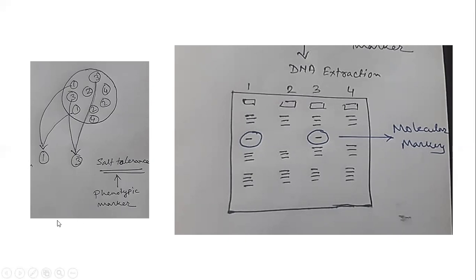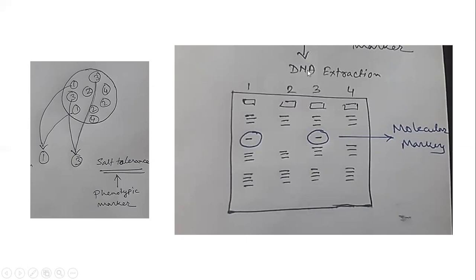Now if we extract DNA from these plants and run the agarose gel, then the banding pattern can be achieved in the gel, and this banding pattern is known as the physical map.